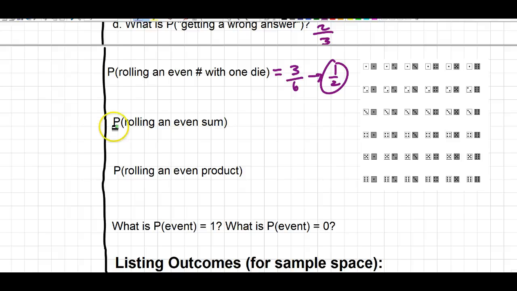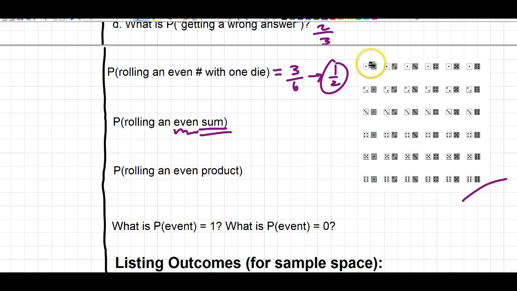Now let's move into rolling 2 dice. 2 dice is implied here in the word sum. Since it's the word sum, we would have to add things together, so you need at least 2 dice in order for there to be a sum. So we're going to be adding the 2 dice together and we're looking for even outcomes. So there's a picture here of all the different outcomes if you roll 2 dice.